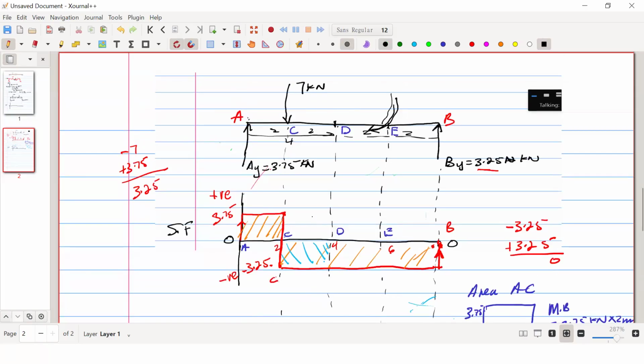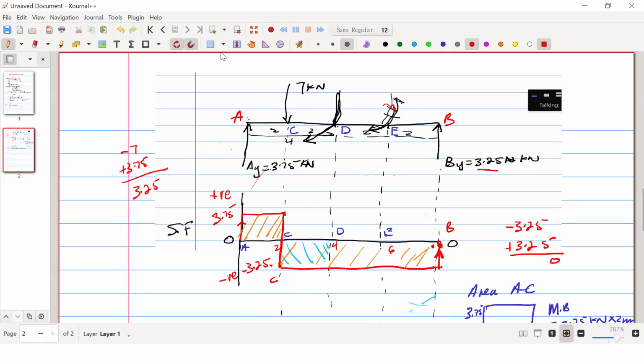The force is wrong. Let me take out the force. Where we have that force is the bending moment. I have it in the wrong place. It was right at B.